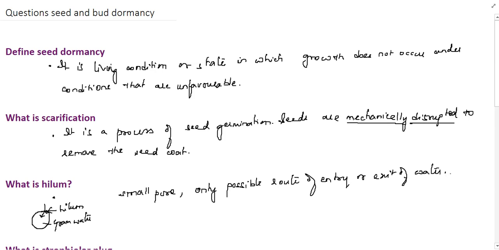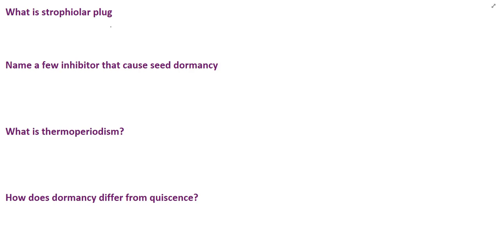It is found in many seeds, for example in seeds of leguminous plants, like the pulses family of plants. Next is, what is strophular plug?